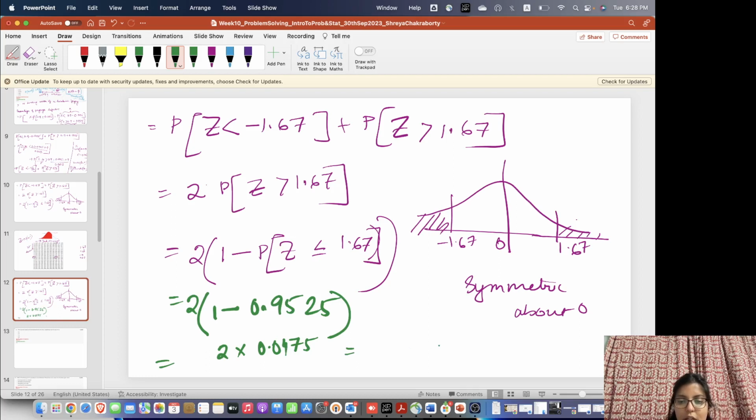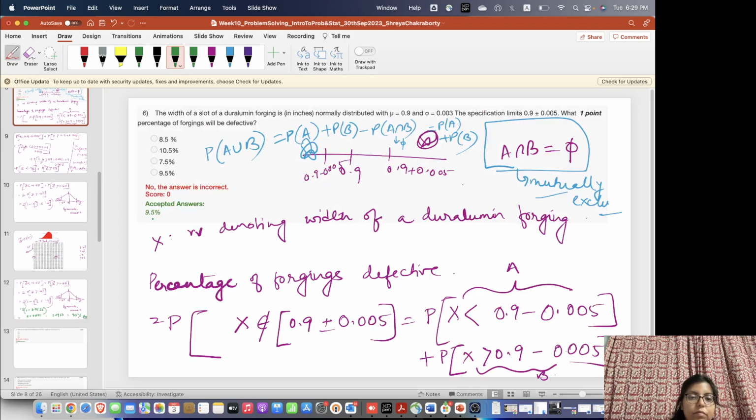So this is 9.5%. This is our answer. The percentage defective is 9.5%.